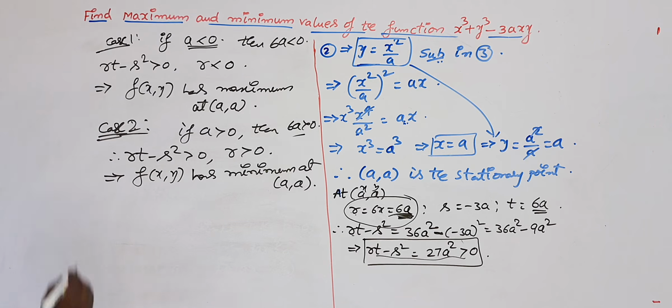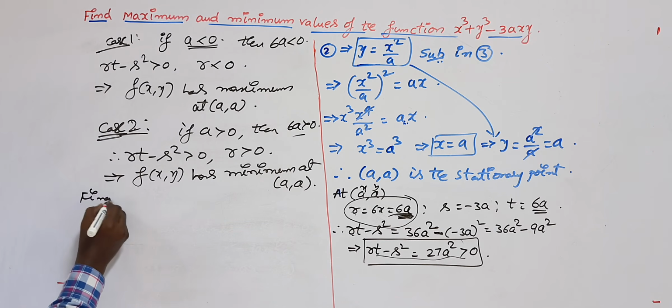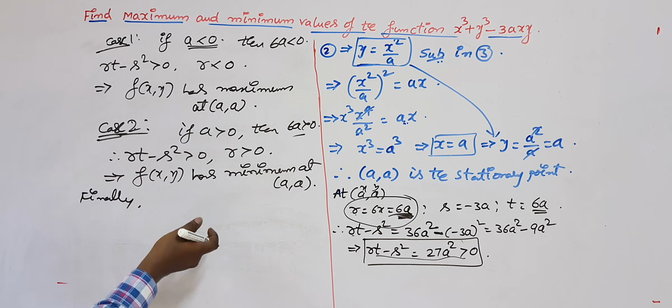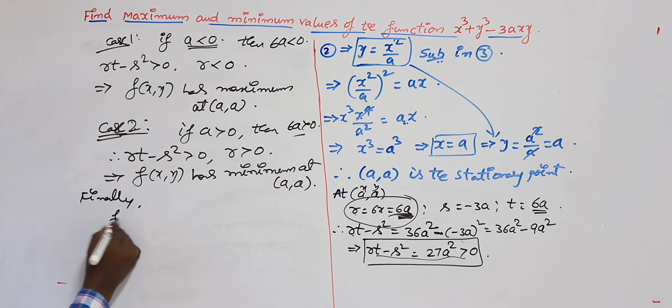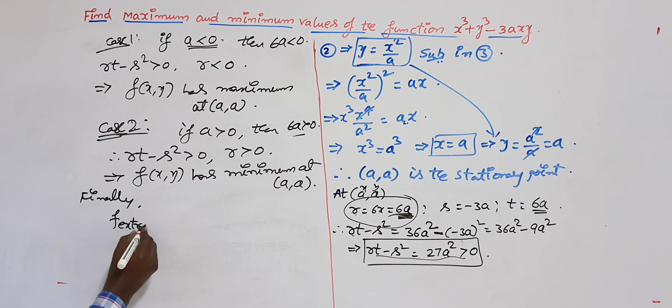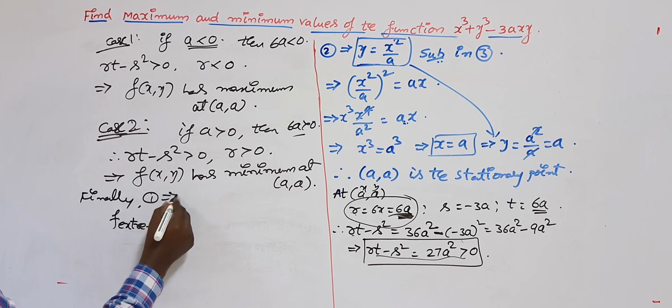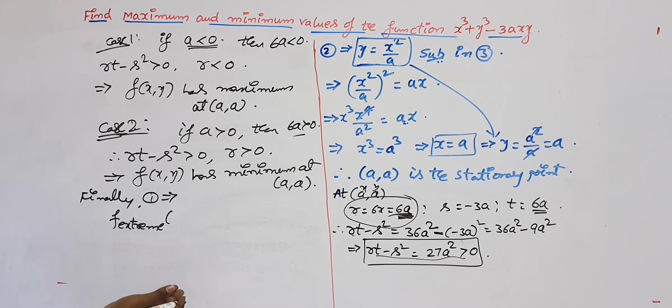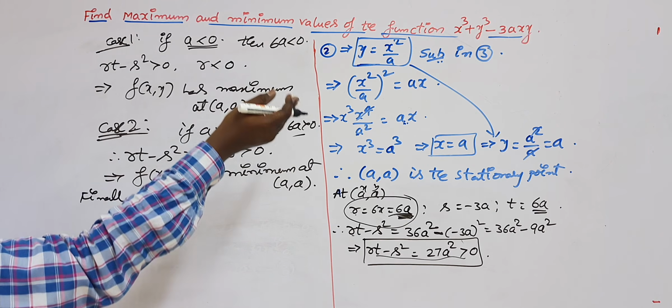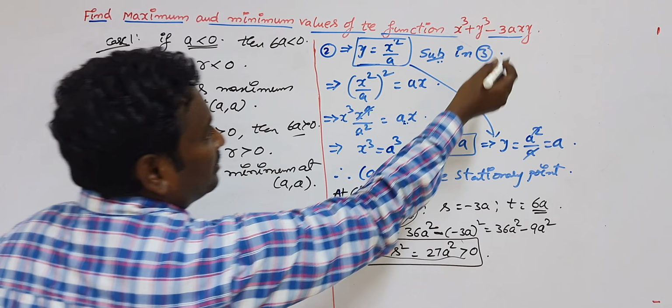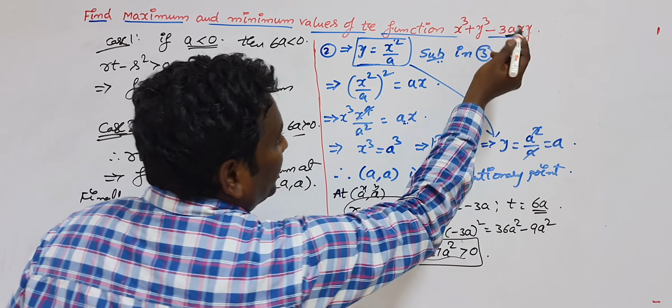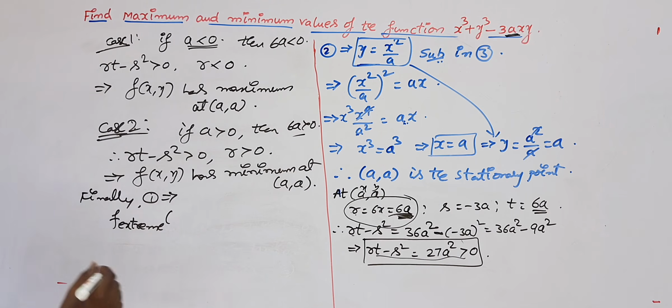Okay. So, finally, we have to find out that extreme value, it may be maximum, otherwise minimum. We have to find out that extreme value from f. We do not know exactly, because in the statement they did not give you what about a.